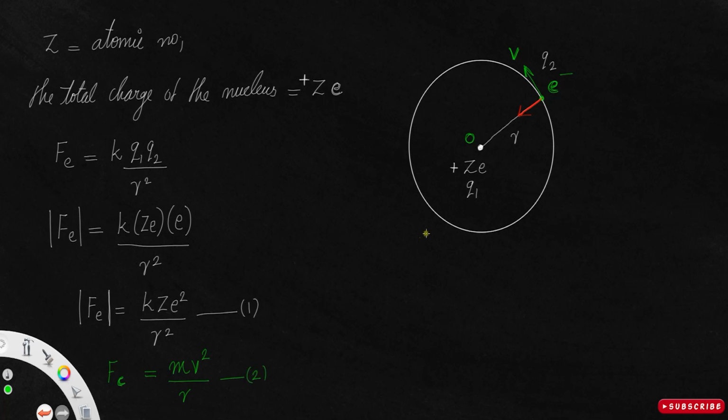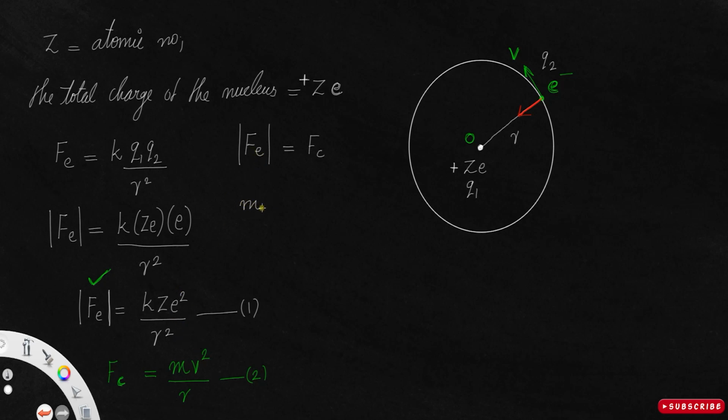Okay. So who is actually providing this centripetal force? It's provided by this electrostatic force. So they must be equal. So we have Fe equal to Fc, the magnitude of Fe equal to Fc. So I can equate equation 1 and 2.